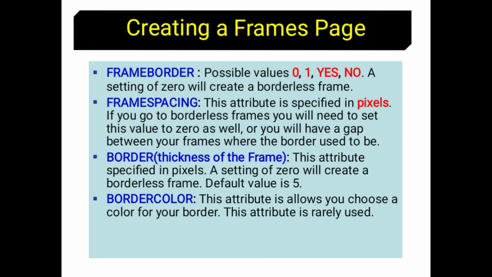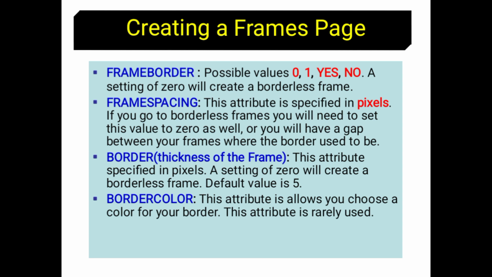Then, how to create a frame page? With the use of frameborder, the possible values are 0, 1, yes and no. A setting of 0 will create a borderless frame. Framespacing: this attribute is specified in pixels. If you go to borderless frames, you will need to set this value to 0 as well, or you will have a gap where the border used to be.